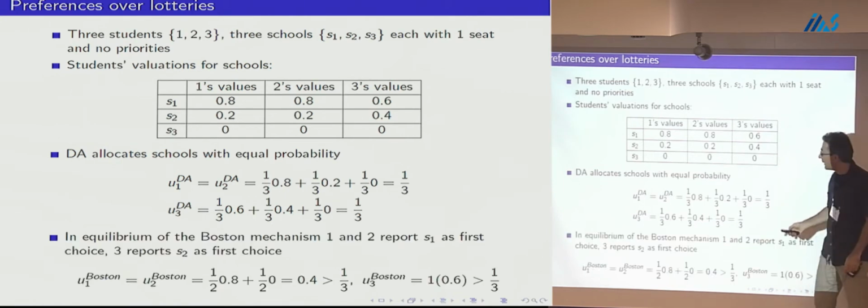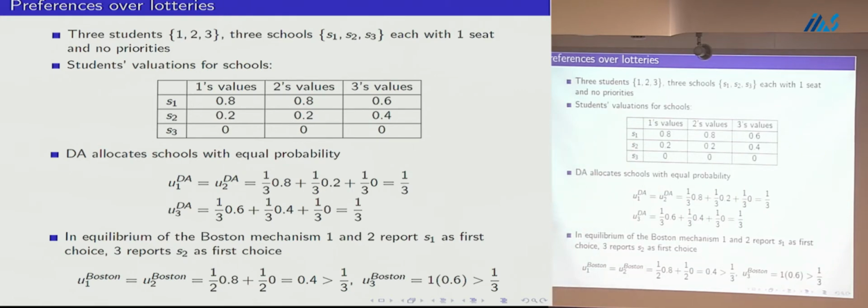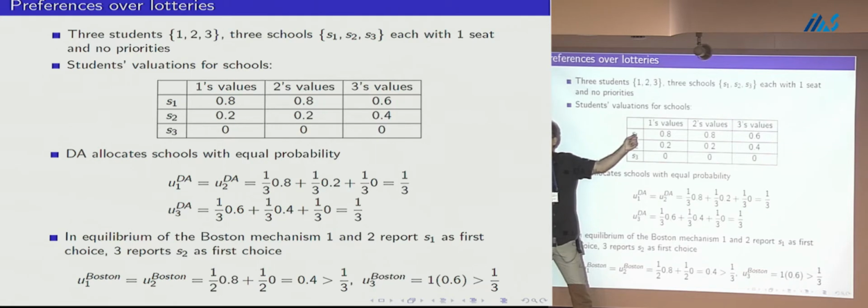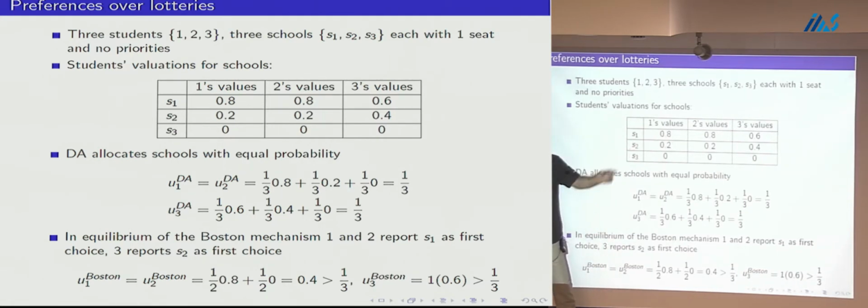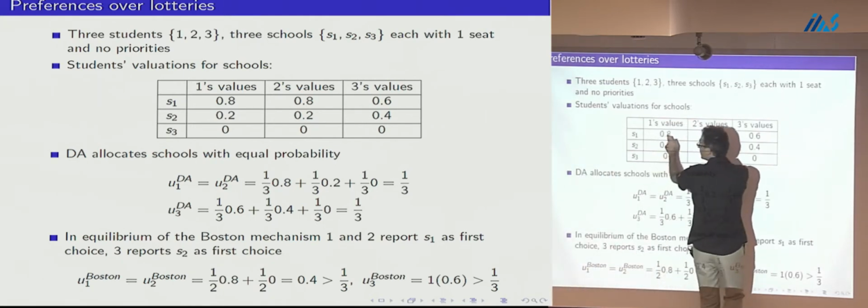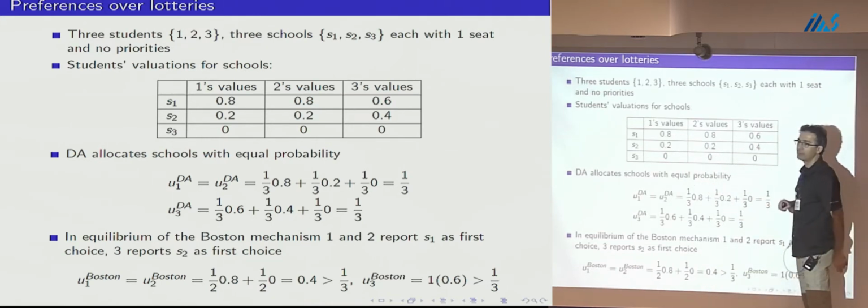And actually, in the unique equilibrium of the complete information game, students 1 and 2 are going to rank S1 as their first choice, and student 3 is going to rank S2 as her first choice. So students 1 and 2 are going to compete for that school, and student 3 is going to get that school for sure.